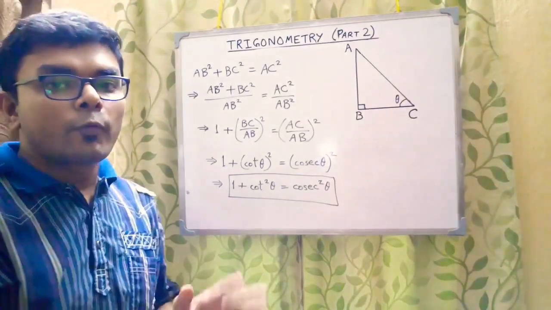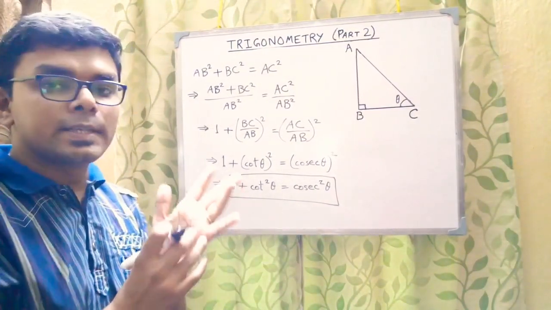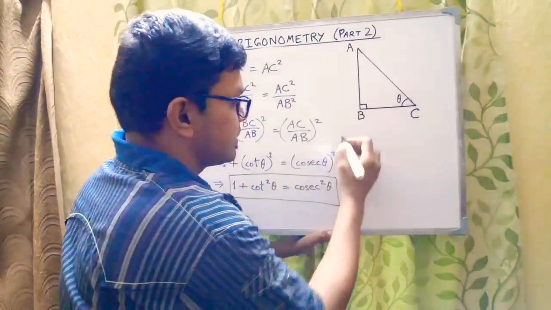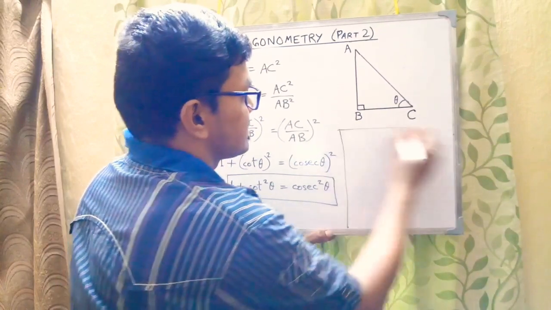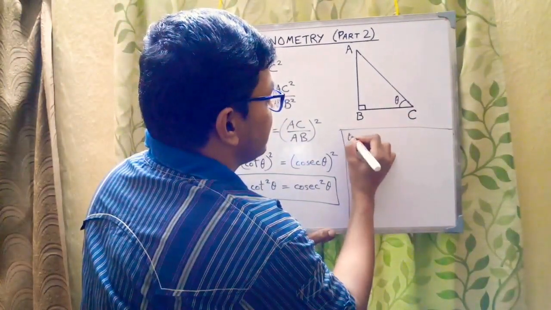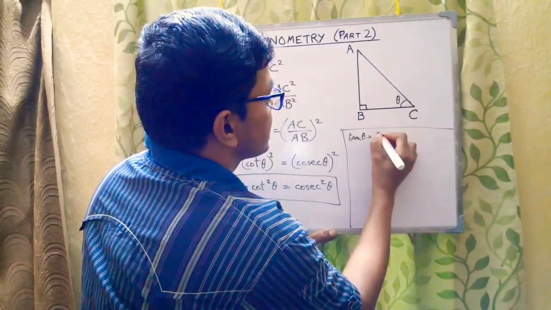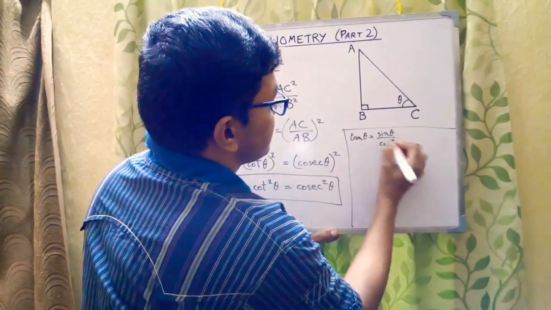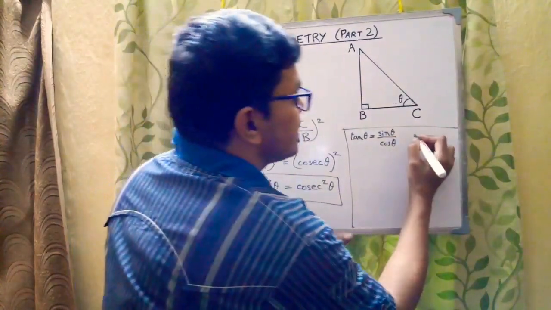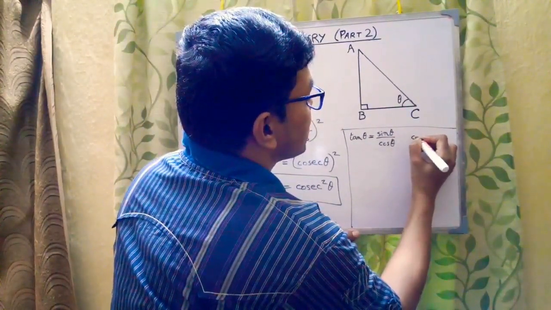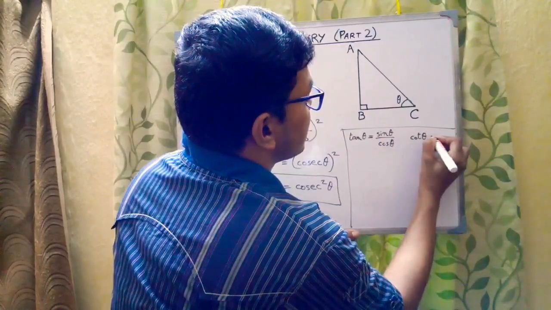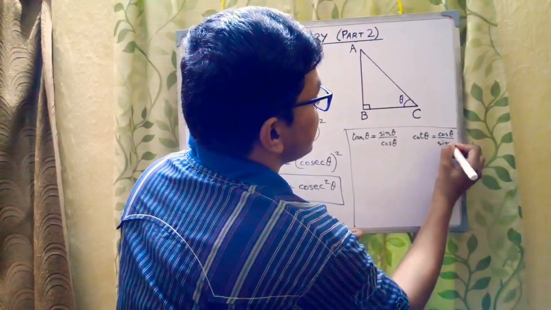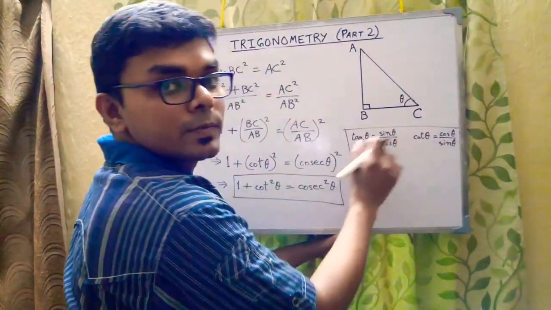So from the beginning of this video, the first identity which we learned was, I'm writing it here, tan theta equals sin theta by cos theta, and naturally cot theta equals cos theta by sin theta. This is just the reciprocal of this.